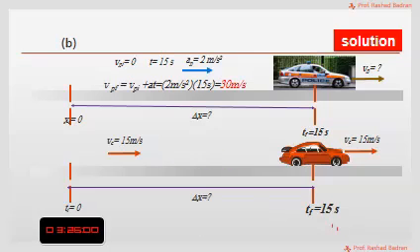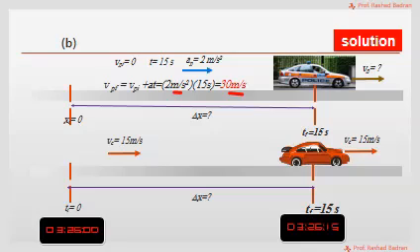Now, having the time of 15 seconds from the previous part, we can find the final speed of the police car by simply substituting all the values in this equation. The initial velocity is 0, the obtained time is 15, and the acceleration is 2, and we got an answer of 30 meters per second for the speed of the car.